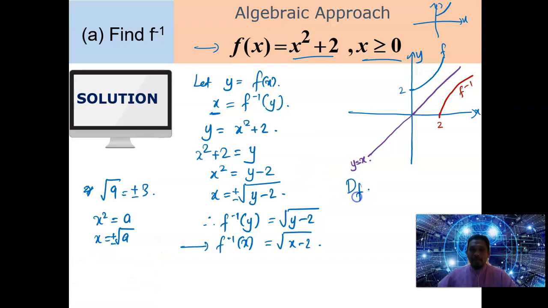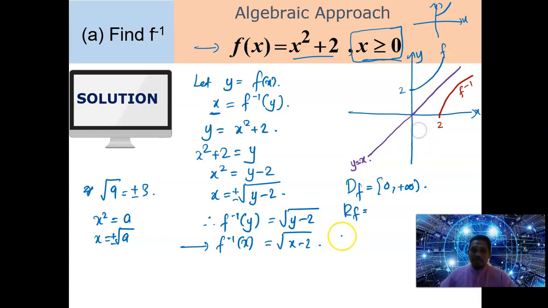Now, the domain of f and the range of f. The domain of f is automatically all the values of x for the function, which is 0 to positive infinity. And the range of this function, where you can see the graph is all mapped to values of y above 2 here. There is no graph of f of x below this.